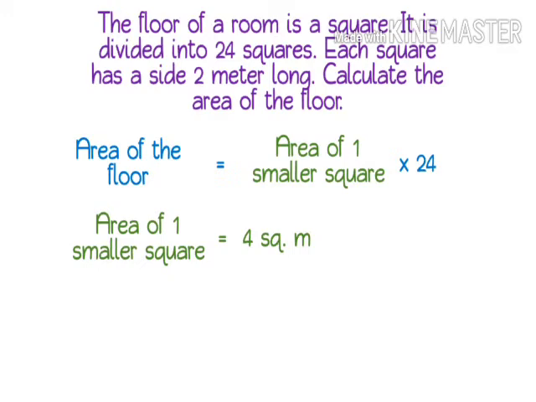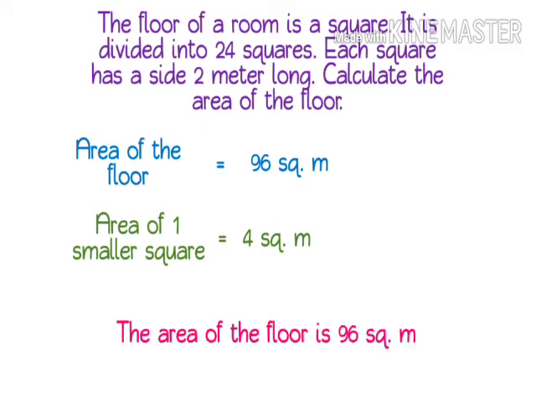So, we put the area of the smaller square and then multiply it by 24. That is 24 into 4. We get 96 square meters. That is the area of the floor. So, the area of the floor is 96 square meters.